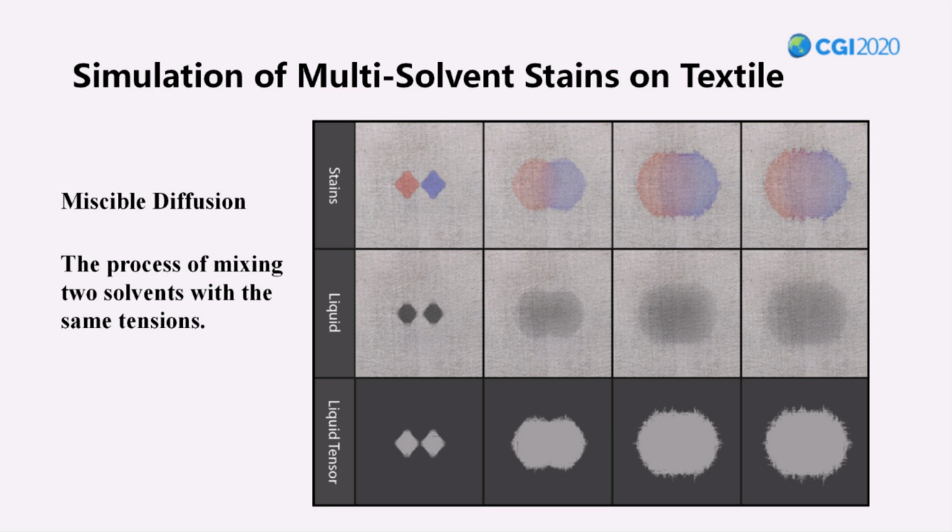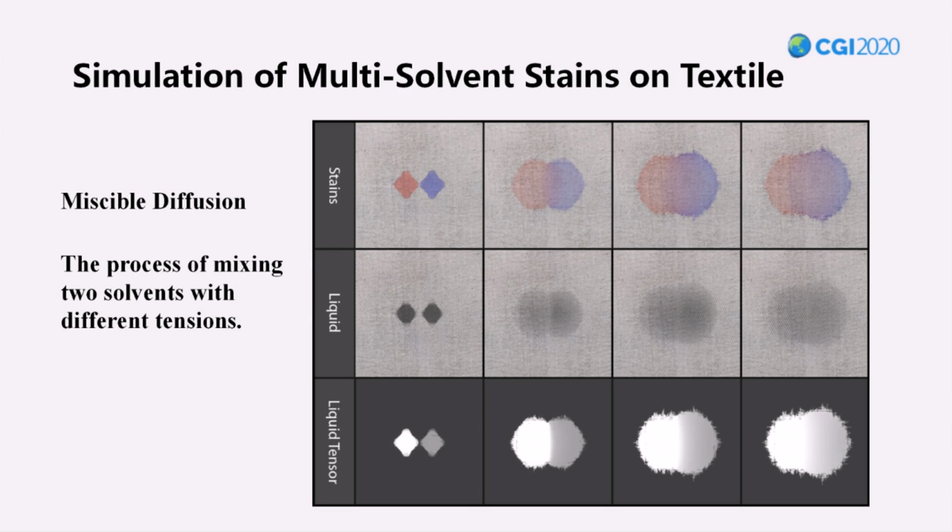In this demo, we simulated the mixing effect between two miscible solvents, and since the two solvents have the same surface tension, the surface tension of the mixed solvent does not change during the mixing process. On this page, we also present the demo of the mixing and the diffusion experiment between two miscible solvents.